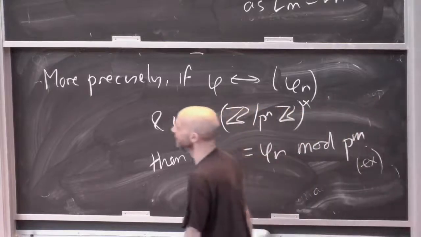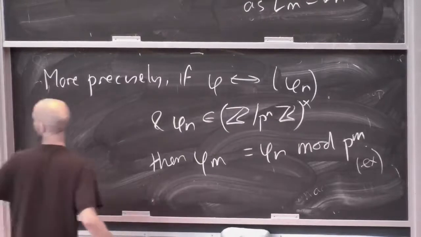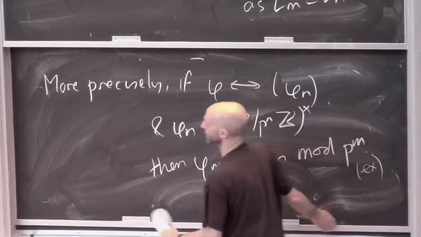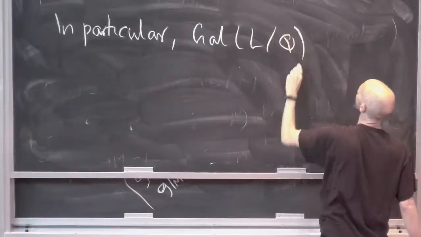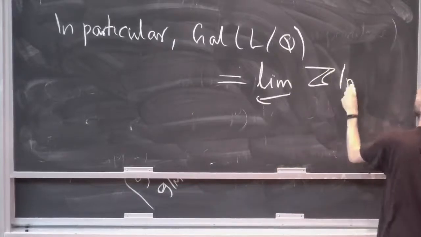So there's some exercise that if you haven't done this kind of thing, you should maybe go and check it. And so that means that now we know what Gal(L over Q) is. It has to be numbers mod p to the n, which are somehow compatible if you make n smaller. So in particular, that means Gal(L over Q) really is this projective limit of (Z modulo p to the n Z) star.